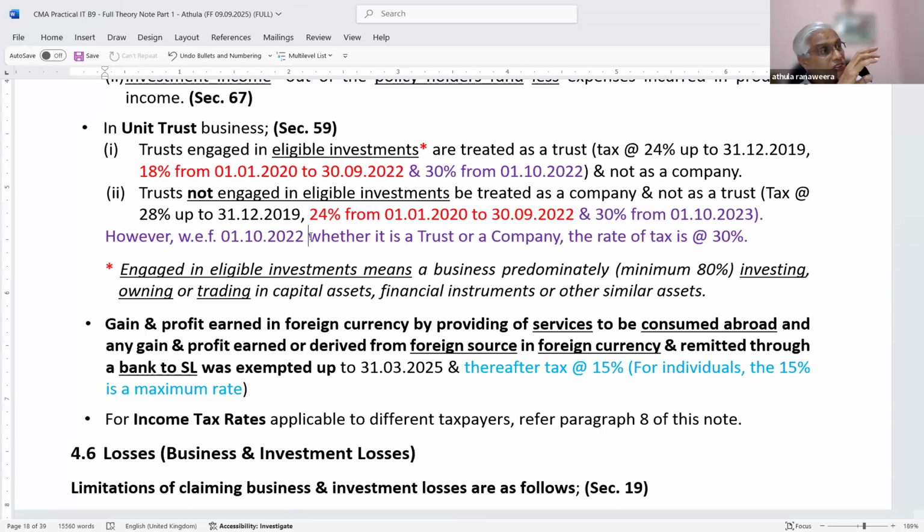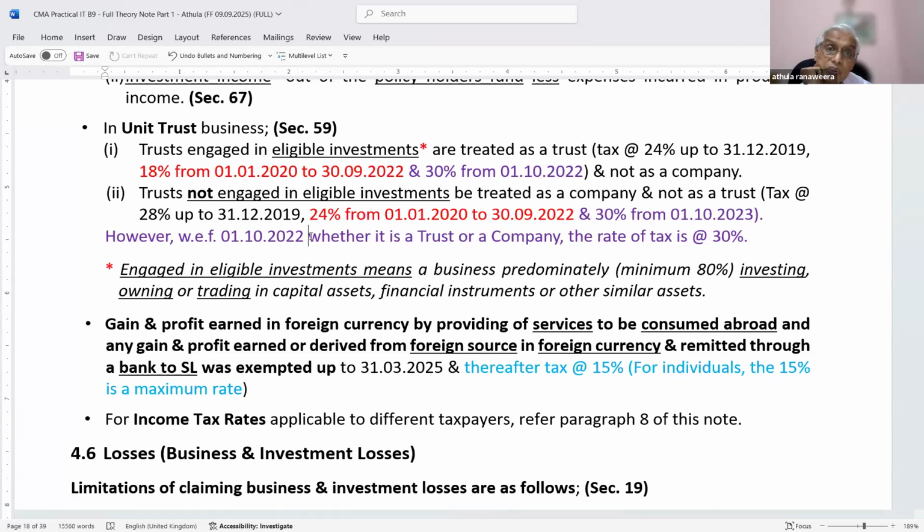We can't say that. Suppose this particular unit trust has also invested in the share market, and suddenly the share market crashed. Today the unit price is 120, tomorrow the unit price may be even 99. I bought at 100. Today 120, tomorrow 99.